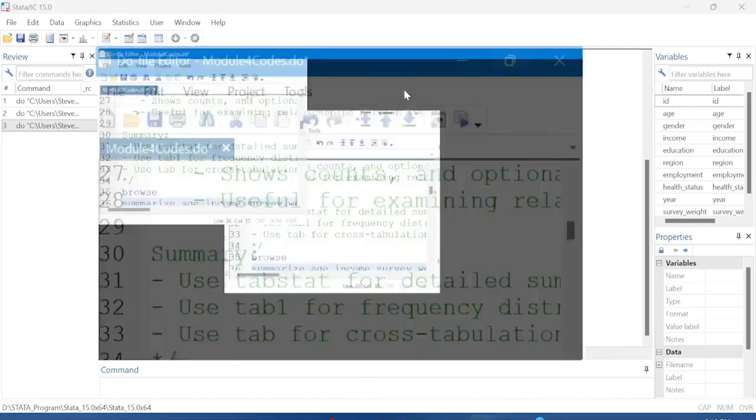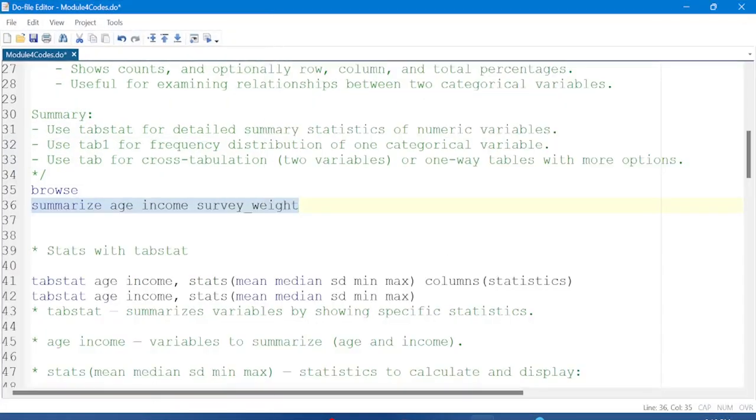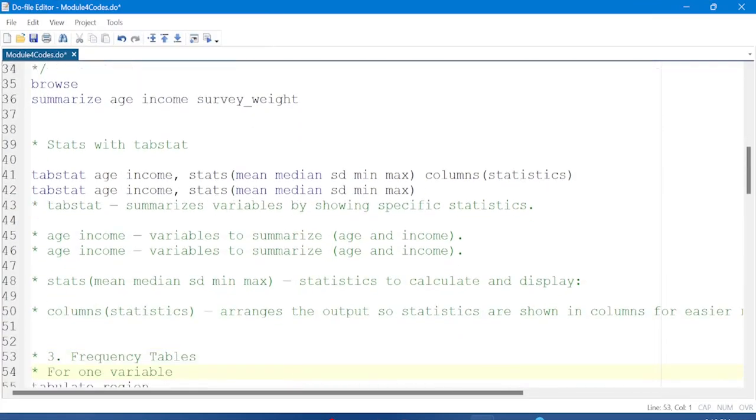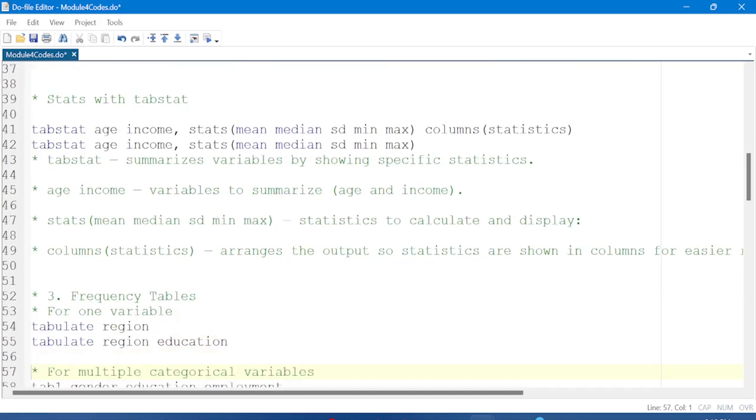So, having seen some gist about the 5-number summary for those three columns, we can now start with the tabstat command. So, line number 41, we are running the tabstat for age and income. In fact, tabstat is simply a cross-tabulation or just a frequent table for these two columns.